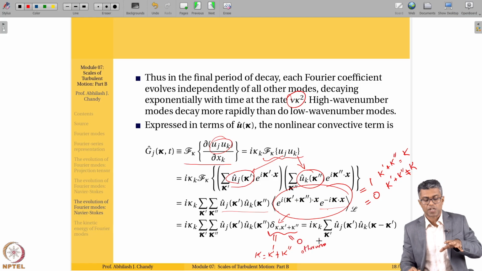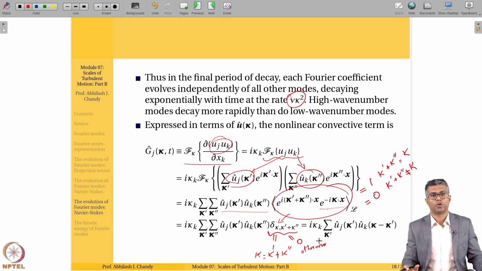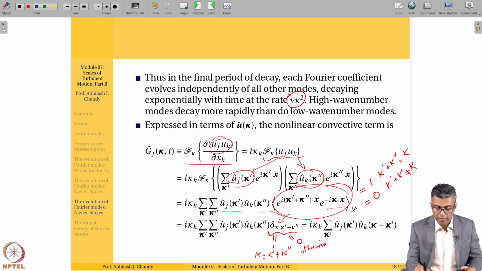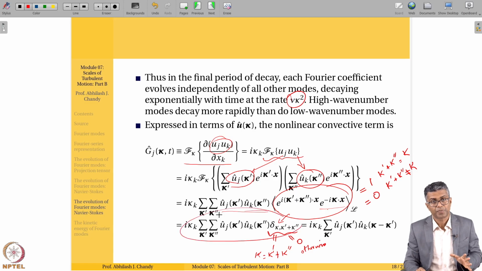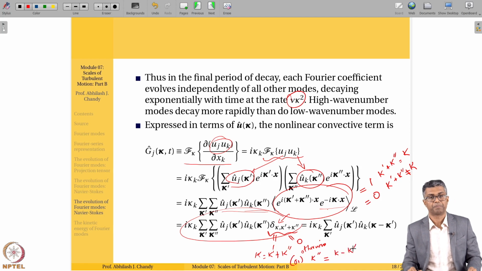If it is equal to 0, this entire expression goes to 0. We don't have to consider that. We only have to consider the situation when it is equal to 1, because only then this term is going to exist. That is when kappa is equal to kappa prime plus kappa double prime, or kappa double prime is equal to kappa minus kappa prime. Instead of kappa double prime, I just substitute that.